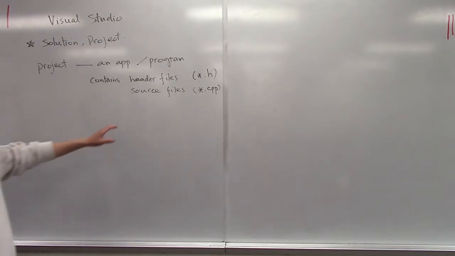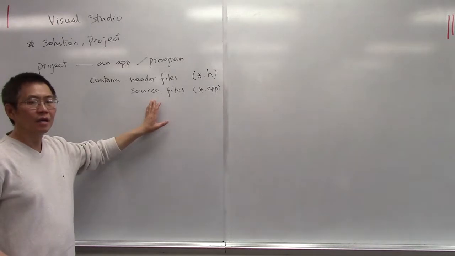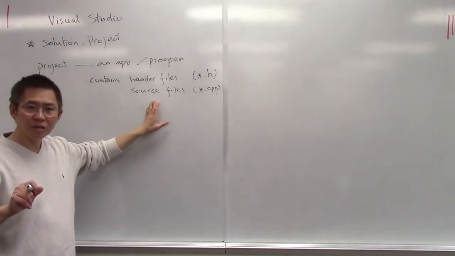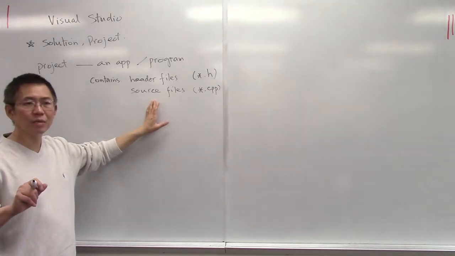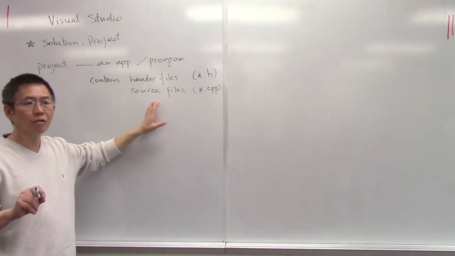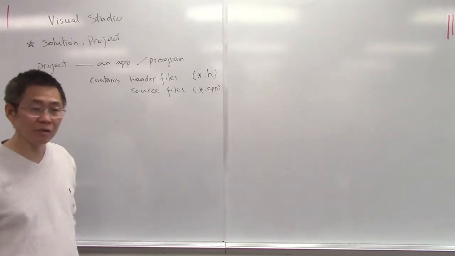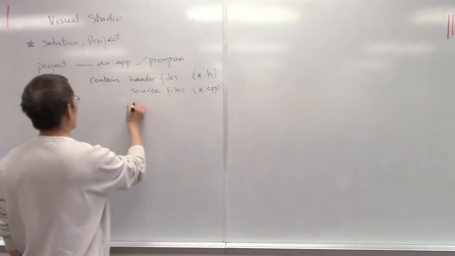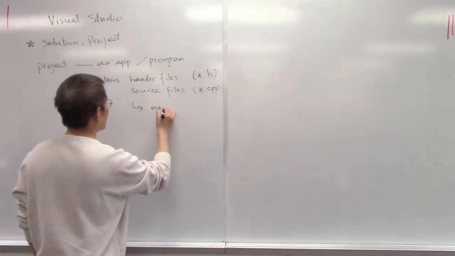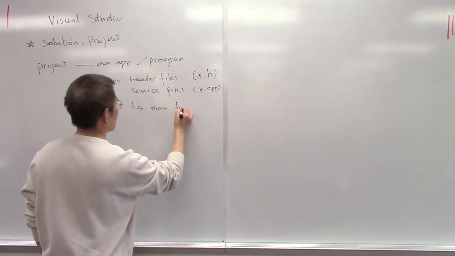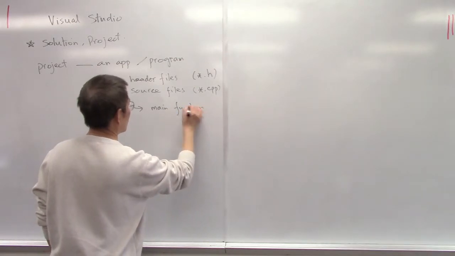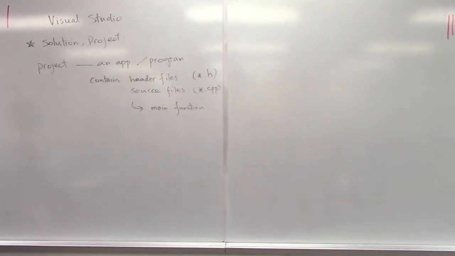In one of those source files, it should contain the main function, because a C++ program always looks for the main function to start executing. It contains the main function, which is the program execution starting point.